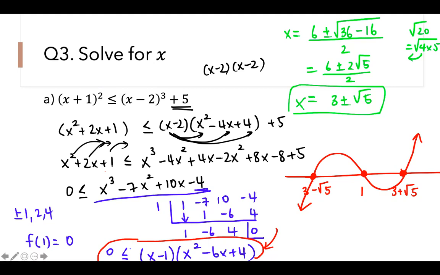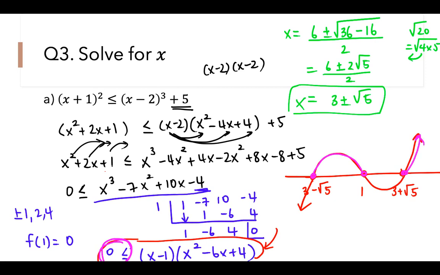Now, we're not 100% done yet. The final step is to figure out which part is going to be greater than 0, above the x-axis. So it must be here, greater than 0, and here, this section.